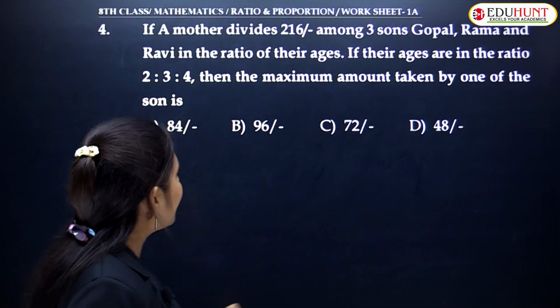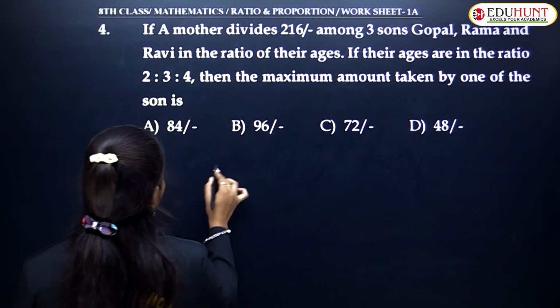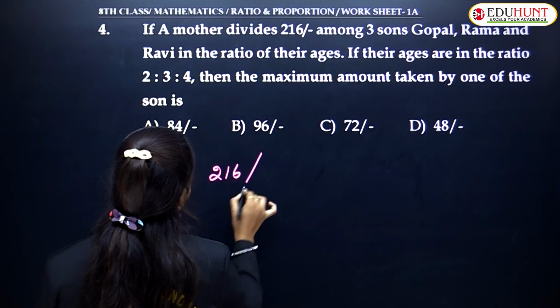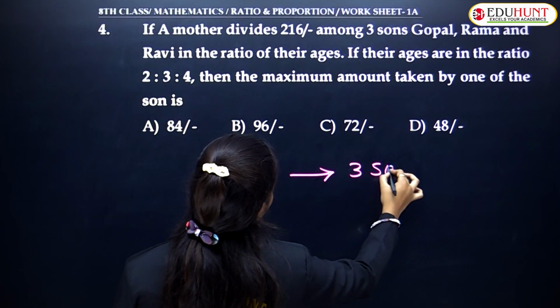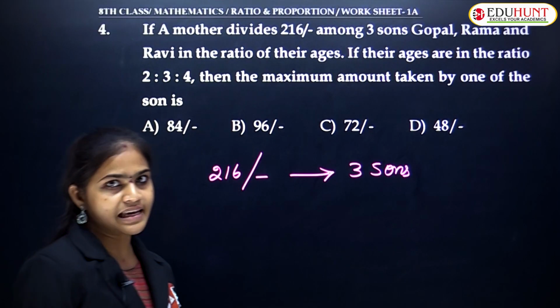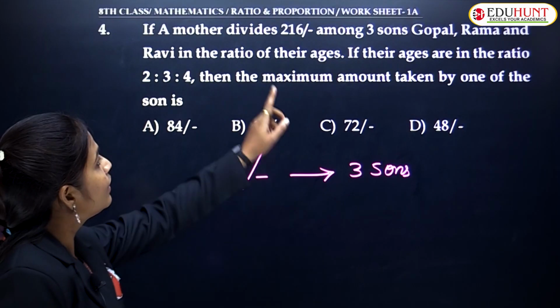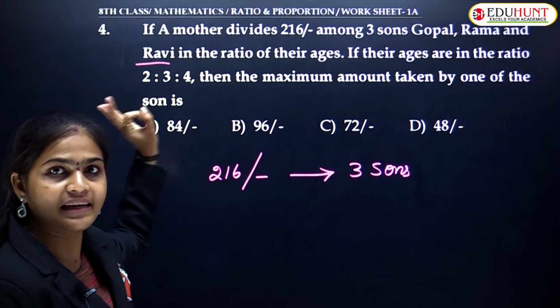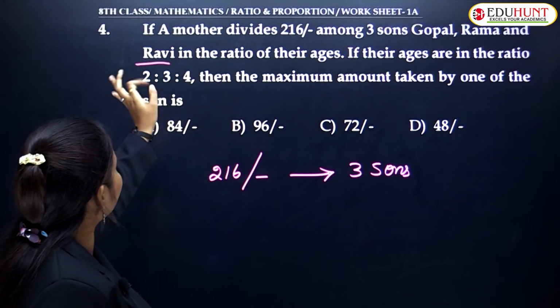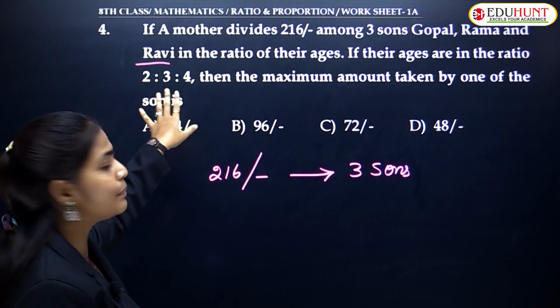See here, question number 4. A mother divides 216 rupees among 3 sons. Who are those sons? Gopal, Rama and Ravi. The mother's name is not given.